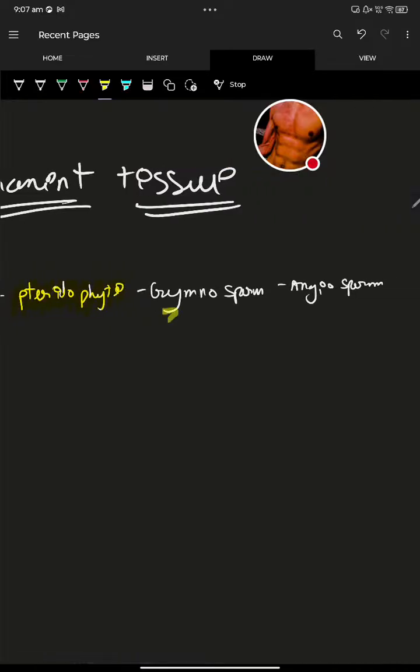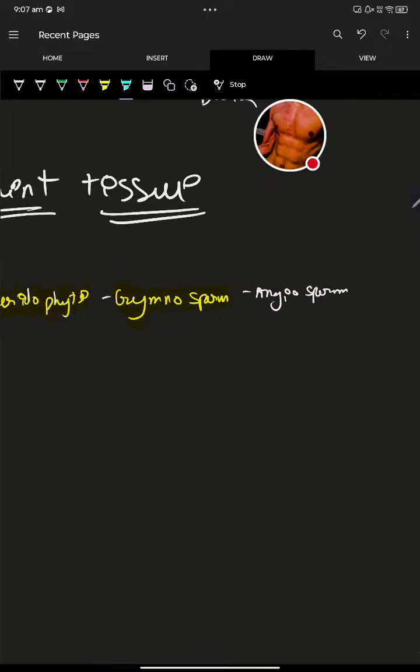Then gymnosperm is the small one which has developed it, but not in an advanced way. It has sperm in its name, but it is not that much advanced. It had just started it, you could say. But angiosperm is the one you usually see outside, the big trees and all that, the mango tree, the banyan tree, and all that.